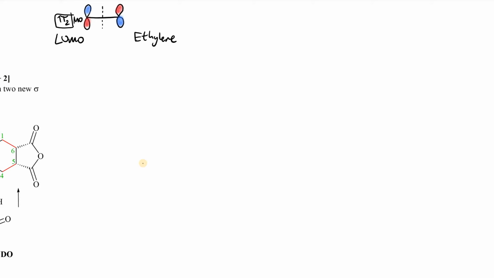Let's use another molecule that also has 6 pi electrons, such as hexatriene. In the case of hexatriene, the pi 3 molecular orbital is the HOMO and pi 4 is the LUMO. If we have 6 pi electrons, we have 6 pi molecular orbitals, but it just happens that 3 and 4 are the ones that are the HOMO and LUMO.